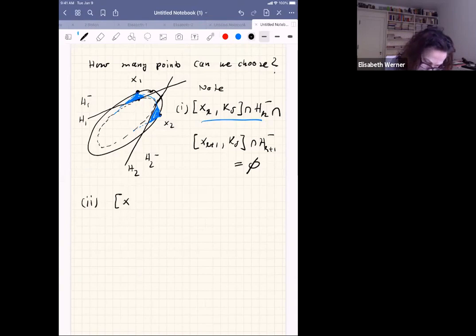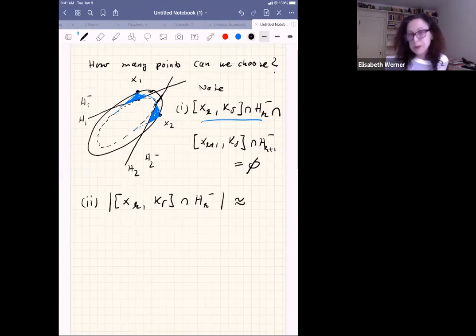Now the second observation that we want to make, and that's actually most of the work: if we look at the volume of such a blue cone, so these blue cones here, and if we compute the volume of these blue cones, these are of the order delta, modulo a constant that depends on the dimension.